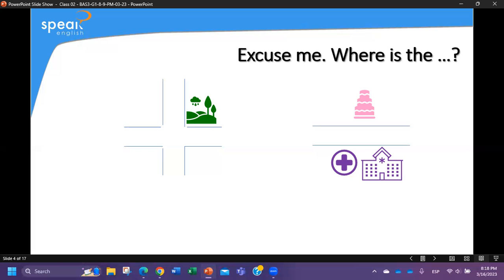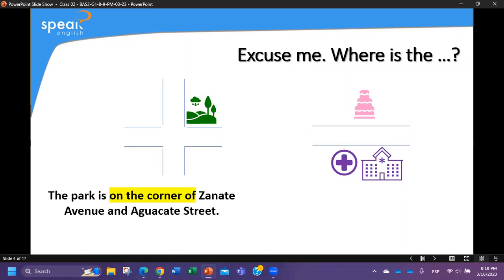What would be the answer in this case? Focus on the picture. In the corner. Okay, in the corner, excellent. So one example could be the park is on the corner of Sanate Avenue and Aguacate Street, for example. Okay, so you get the idea.